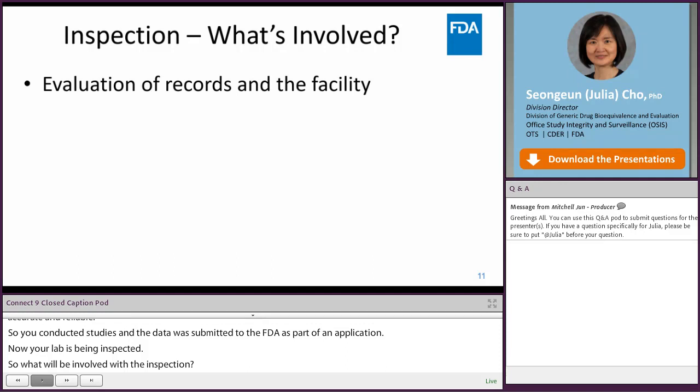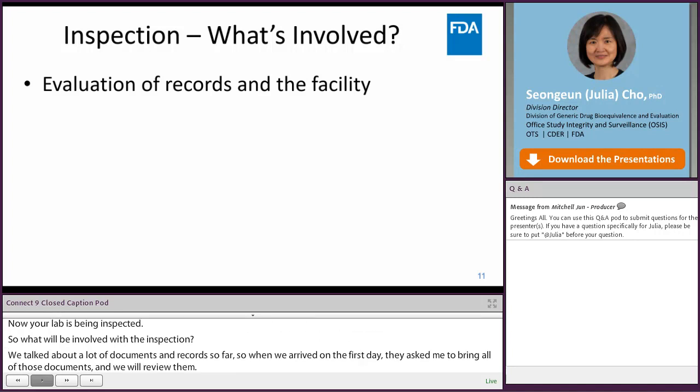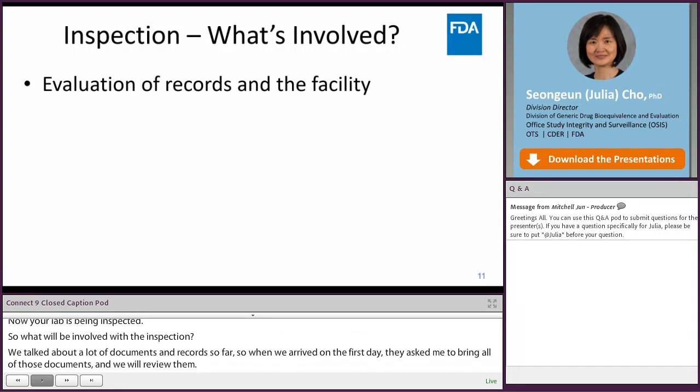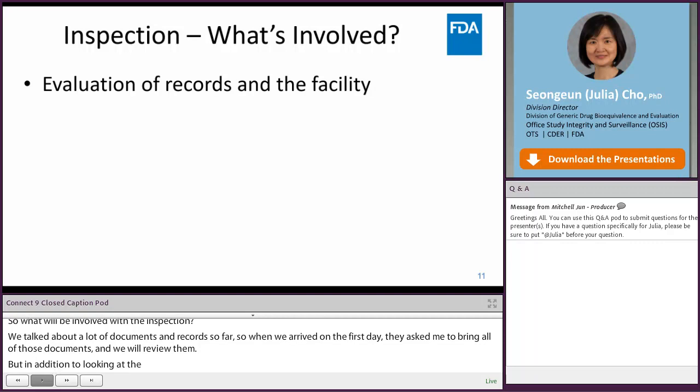But in addition to looking at the documents, we interview the principal investigator and the scientific staff who were involved with the study conduct. And we will have an active scientific discussion when we have questions or need some clarification.